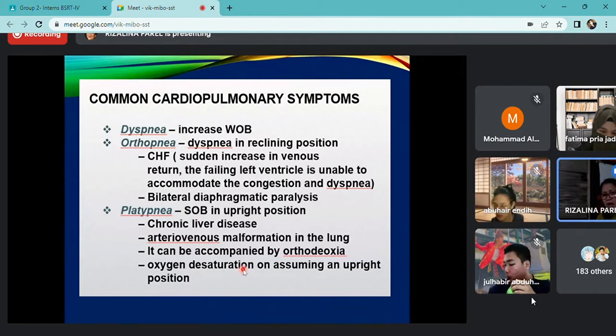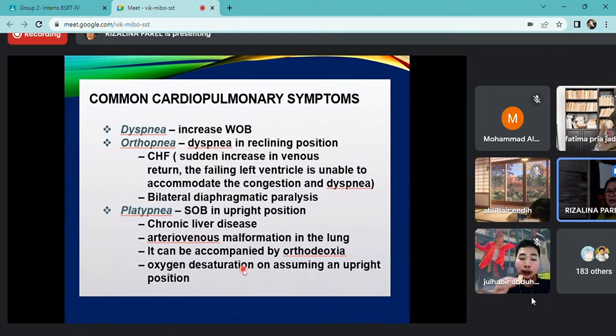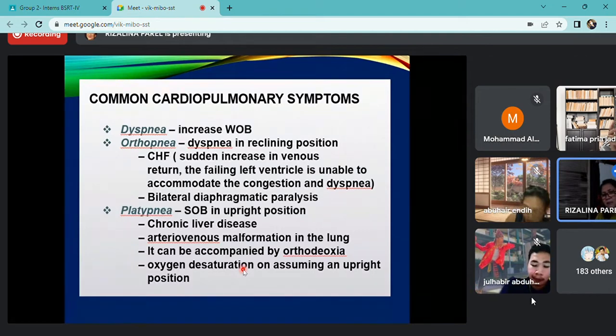This is common in patient with congestive heart failure, dahil may sudden increase in venous return sila, then failing ang left ventricle nila and unable to accommodate yung congestion niya ng blood, kaya nagdi-dyspnea siya. So common for CHF and bilateral diaphragmatic paralysis.